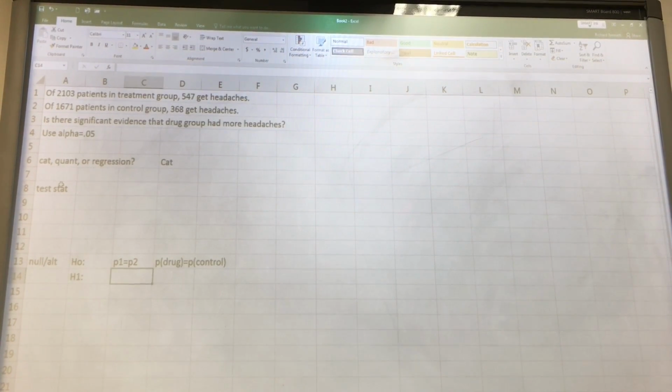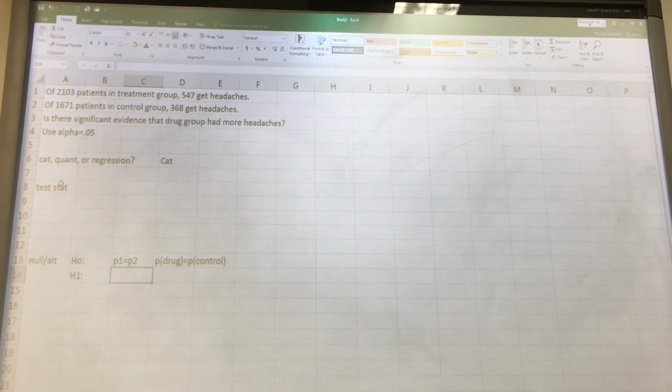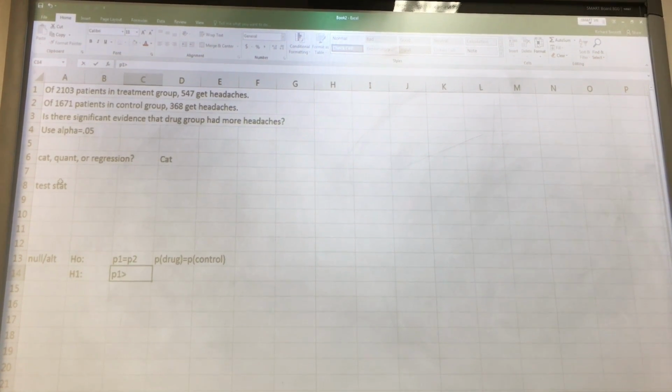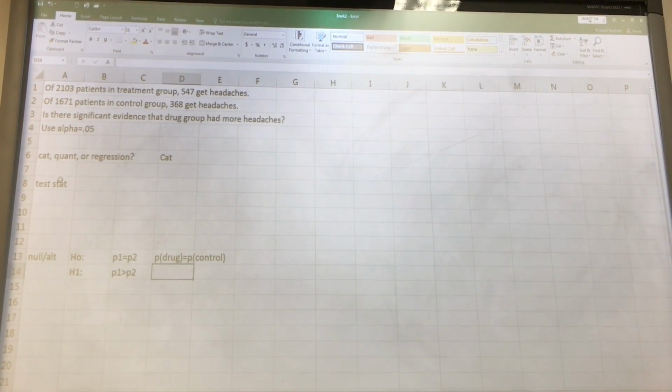Now, what is the alternative hypothesis? Is it not equal to, or what are they asking? Yeah, so we could say P1 is greater than P2, or more appropriately, P of the drug is greater than P of the control.